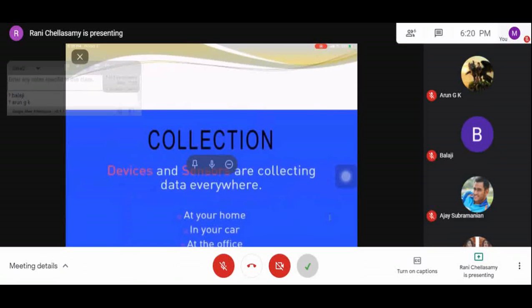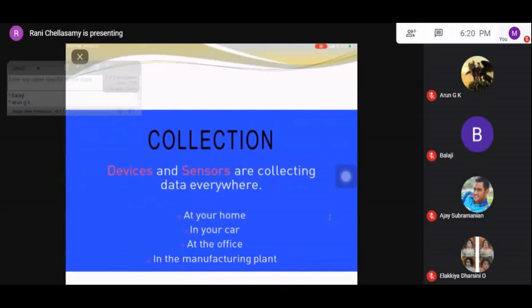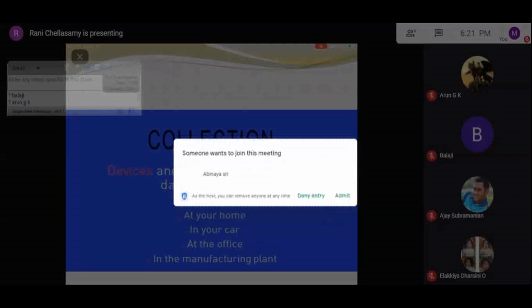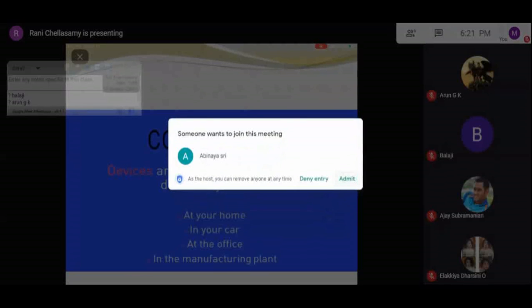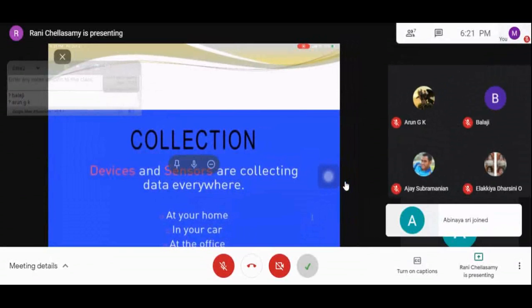Collection is the first phase. The devices and sensors will be collecting data everywhere. They may be collecting information about your home, or the sensors may be fixed in your car, collecting information about the fuel or the condition of the car.